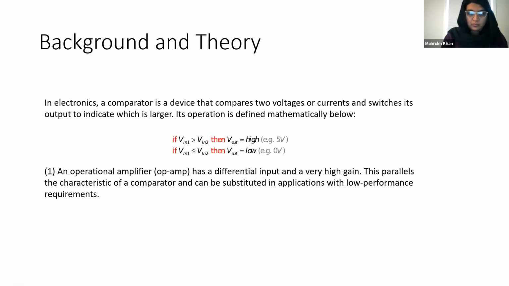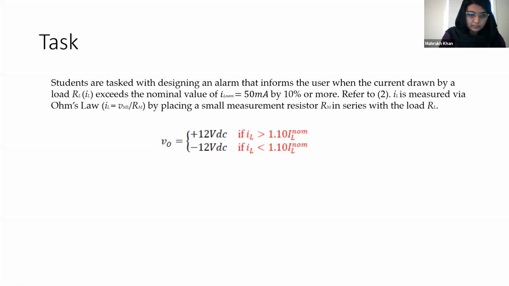Okay. So this is the task we are doing. We are designing an alarm that will trigger if your load resistance is exceeding the current by 10% above the 50 milliampere. So in this case, the Opamp takes a certain voltage supply, and the supply we are giving is 12 volt DC and minus 12 volt DC.